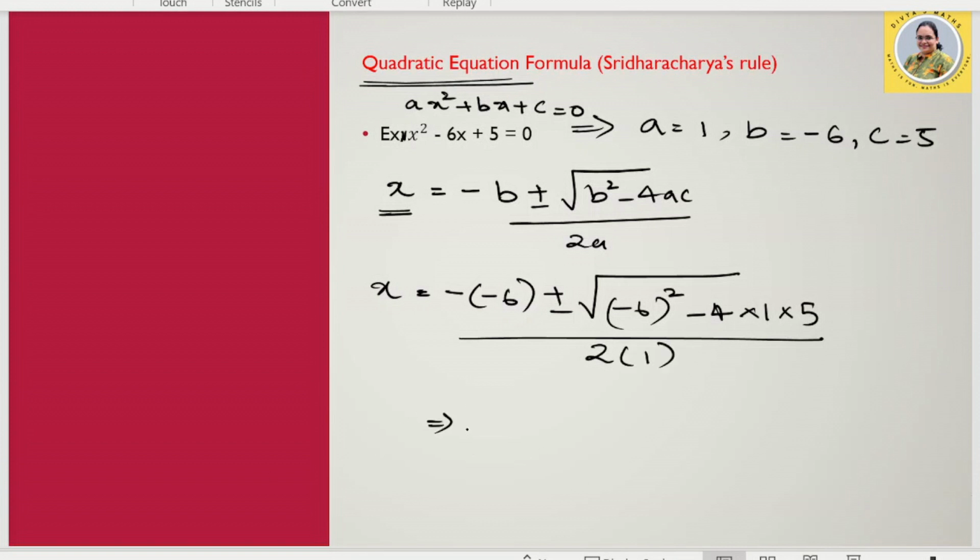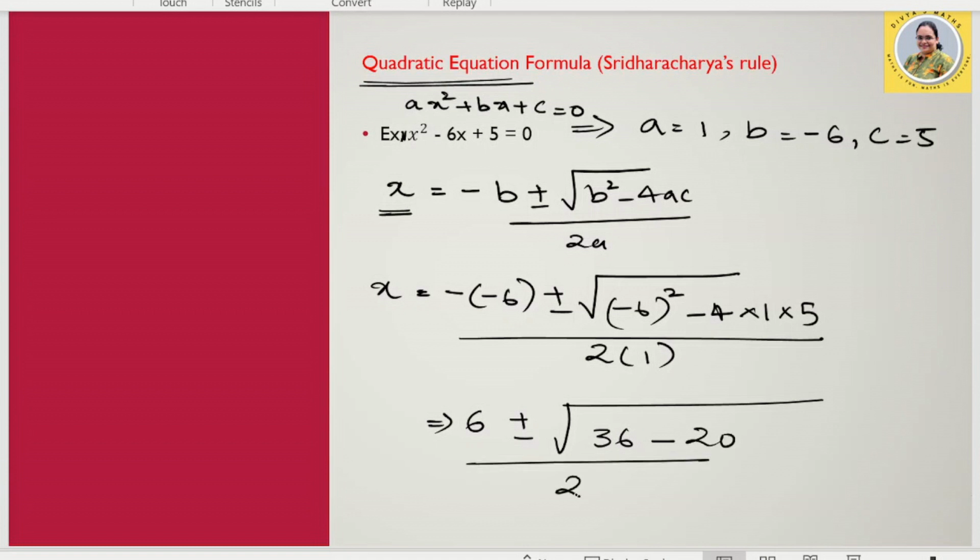So minus of minus is plus, you will get 6 plus or minus root of 6² is 36, 36 minus 4 fives are 20, by 2. Okay. So which is 6 plus or minus root of 16 by 2.